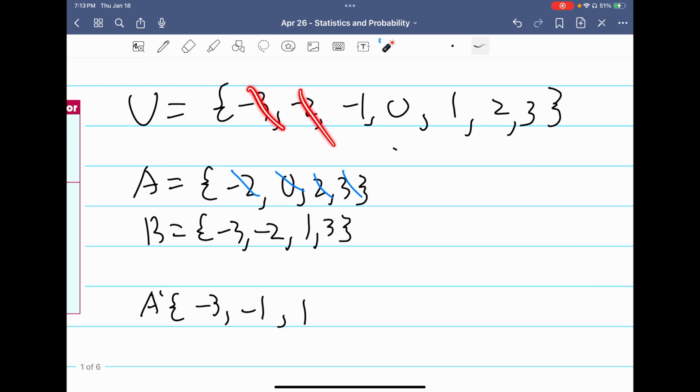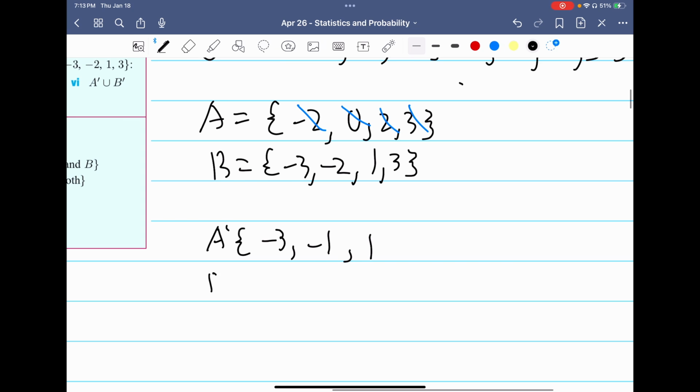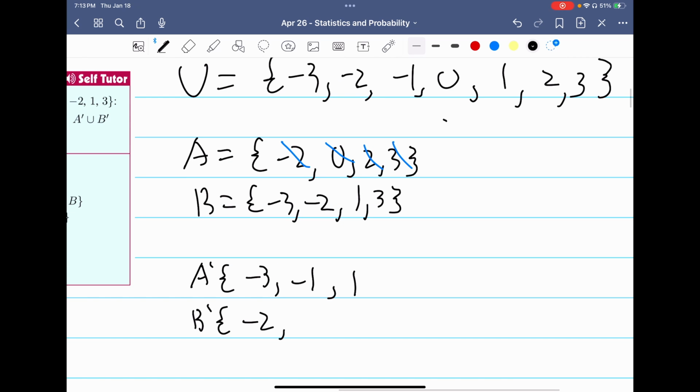So we erase -3, -2, 1, and 3, and we only have -1, 0, and 2 in B naught. B naught equals -1, 0, 2.